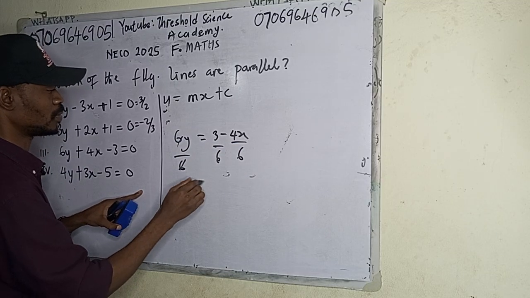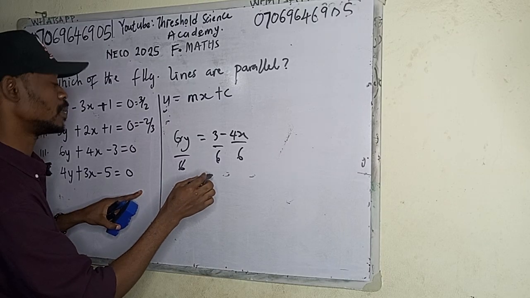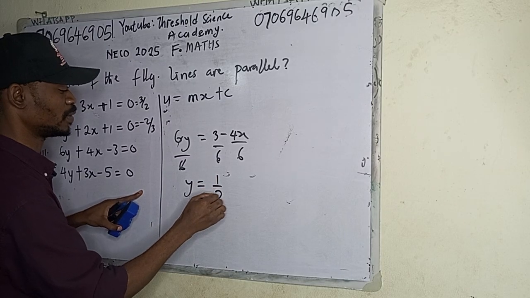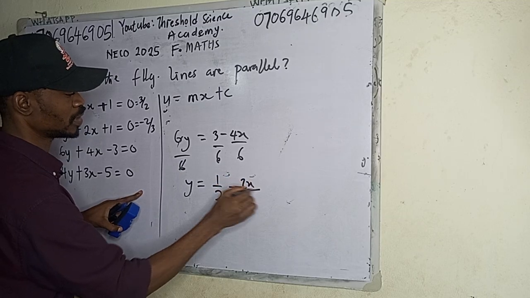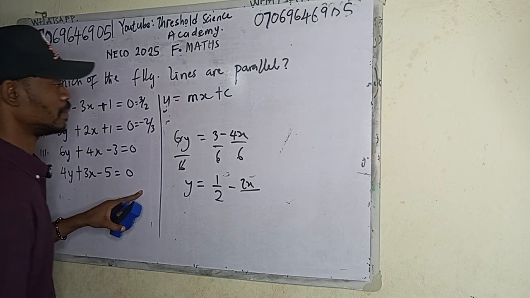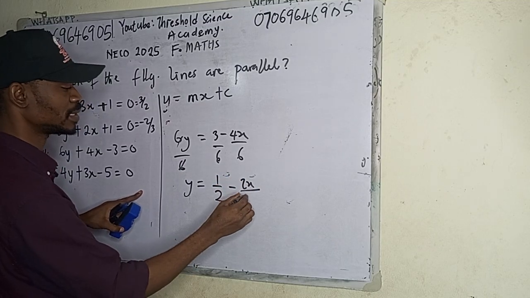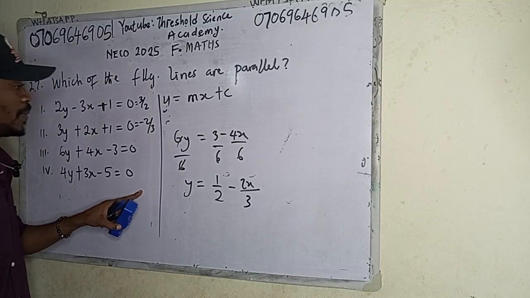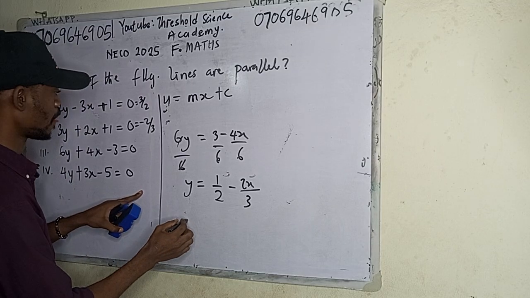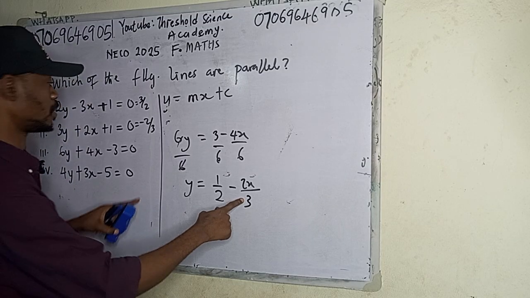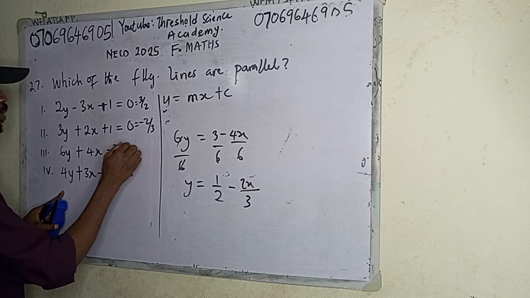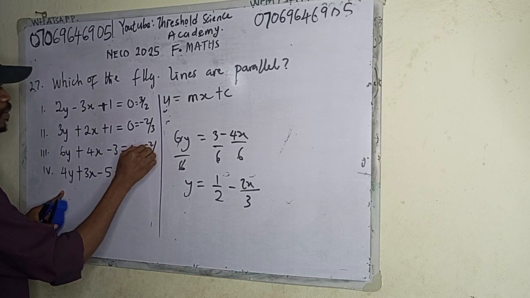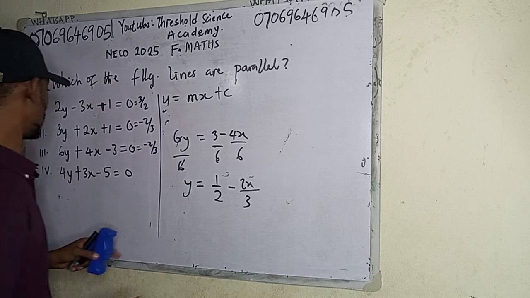So y is going to be equal to 3 over 6, which is 1 over 2, minus 2x over 3. So my slope here is negative 2/3, which is the same thing as number 2. The slope is negative 2/3. So that's probably our answer.